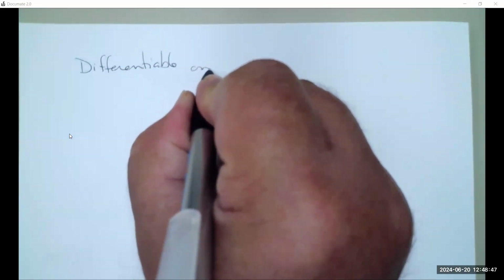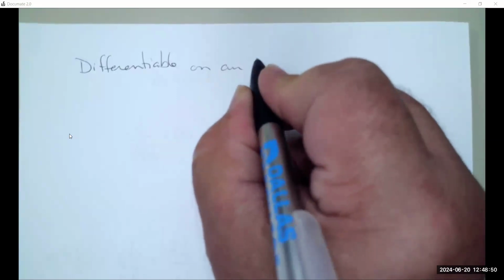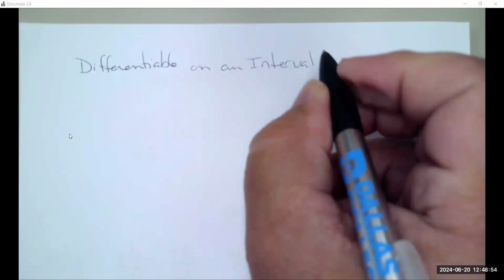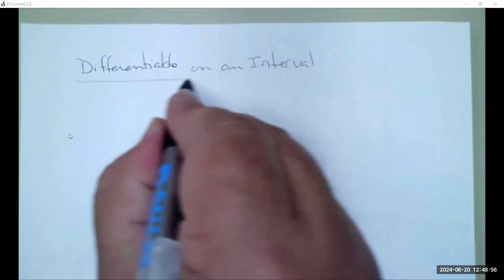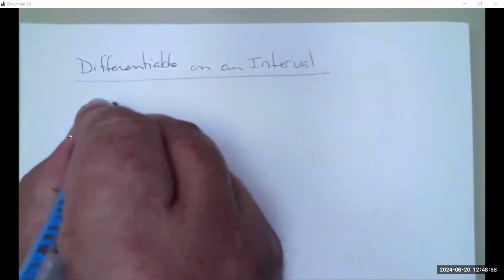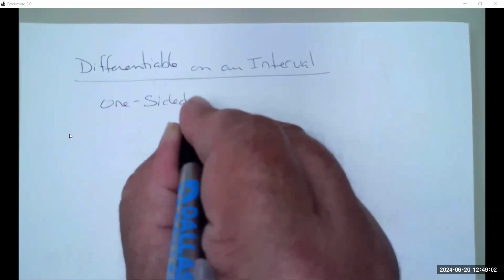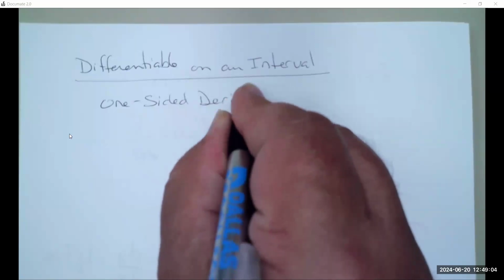Differentiable functions on an interval. One-sided derivatives.